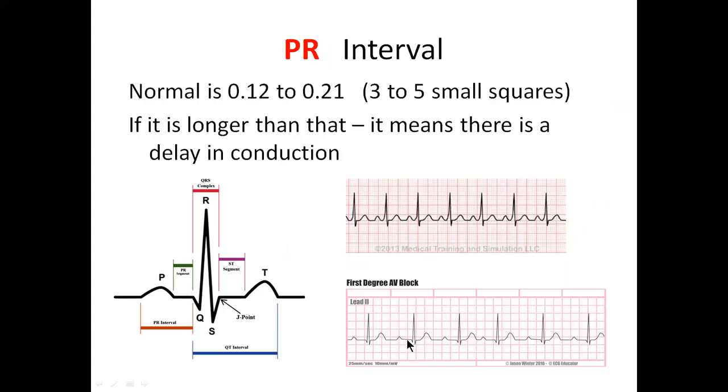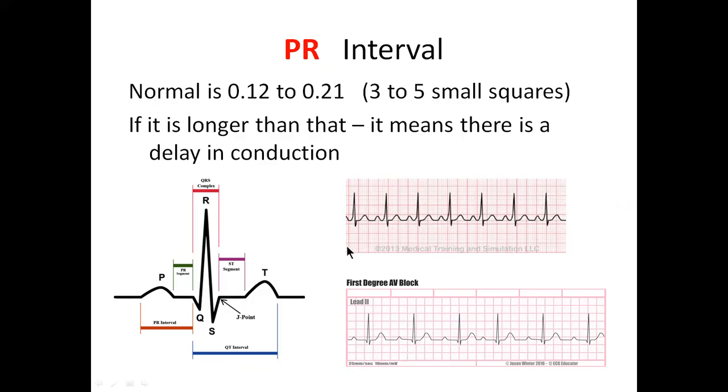So from here to here is a lot longer than 5 squares. So therefore, we say the PR interval is long, and that is first degree AV block. So you learned a new word, which is first degree AV block, and that is if the PR interval is more than 3 to 5 small squares.